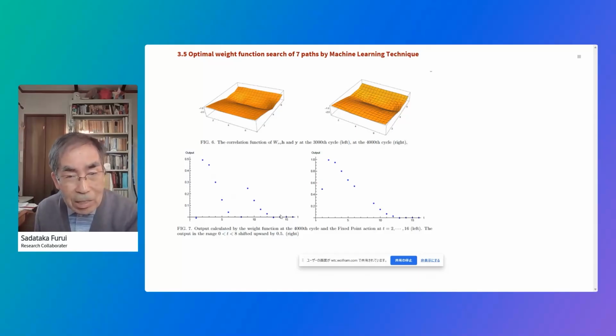So I shift the 8th to the 16th path by 0.5, and then we get this smooth curve of the action.